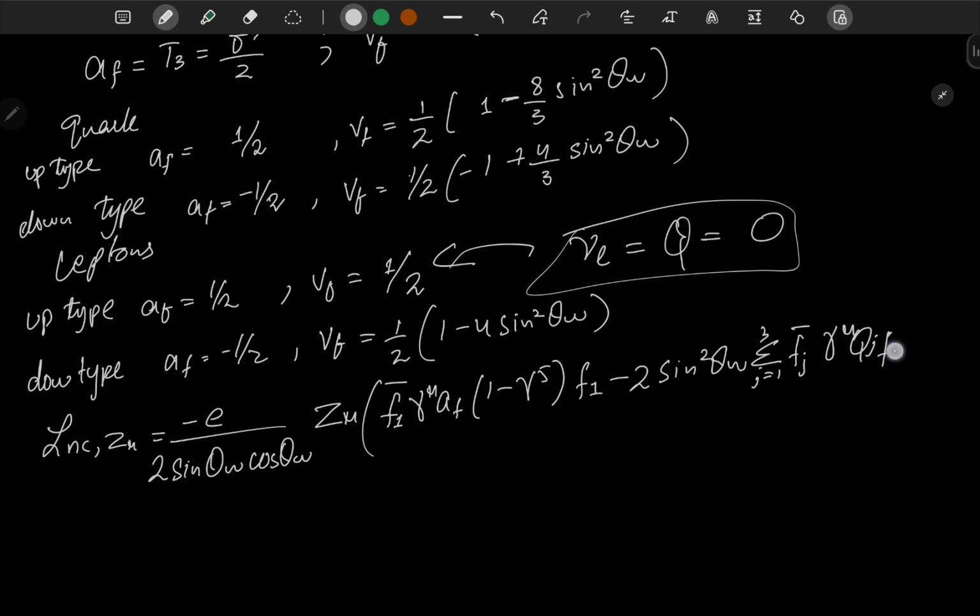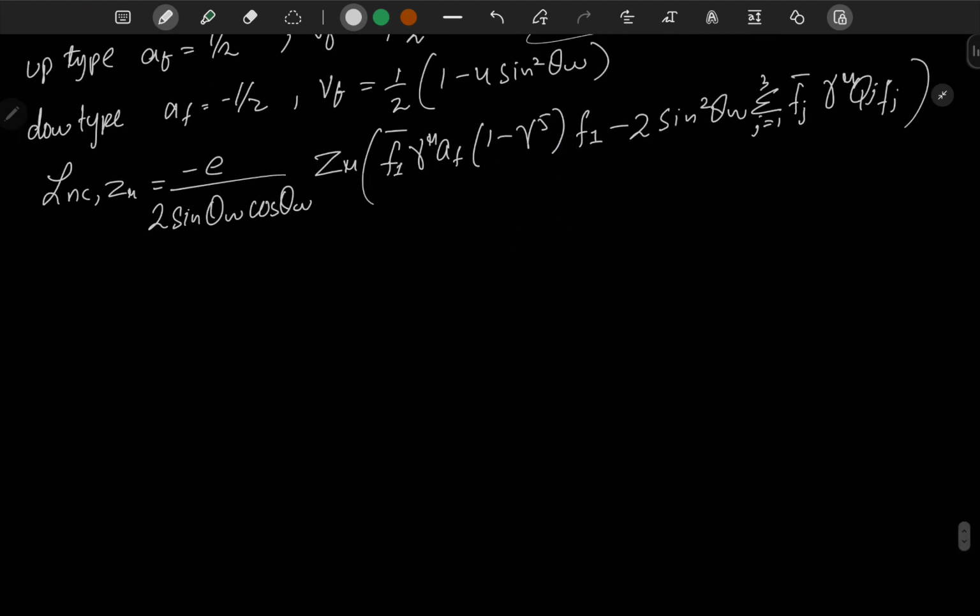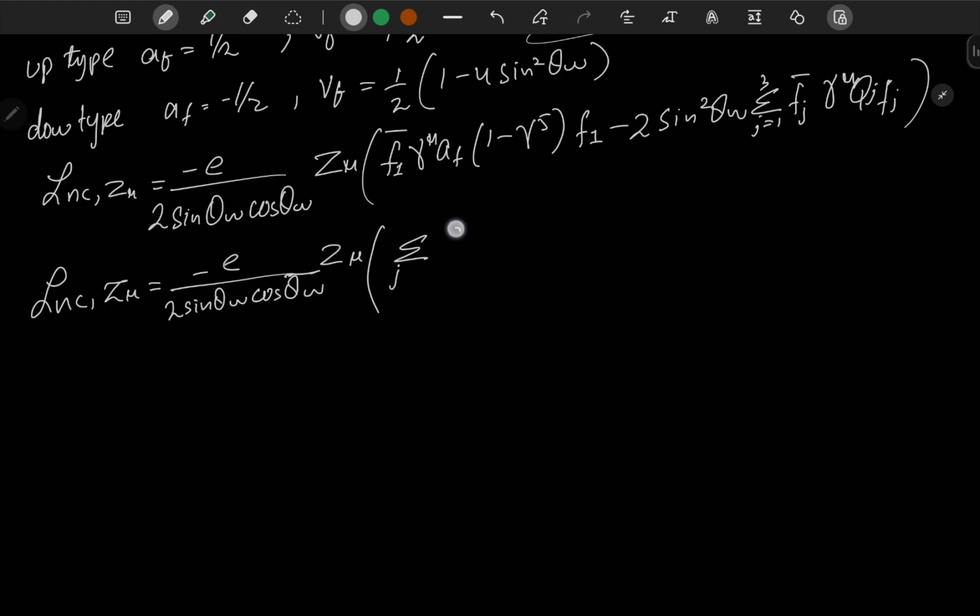So after simplifying this, we are going to get: 2 sine of theta w cosine of theta w Z mu, sum over j, fj bar gamma mu, vf minus af into gamma 5, fj.